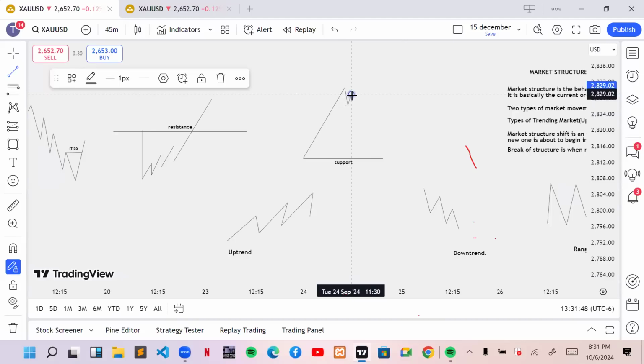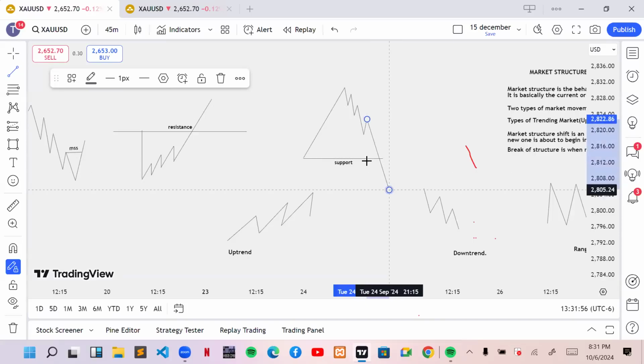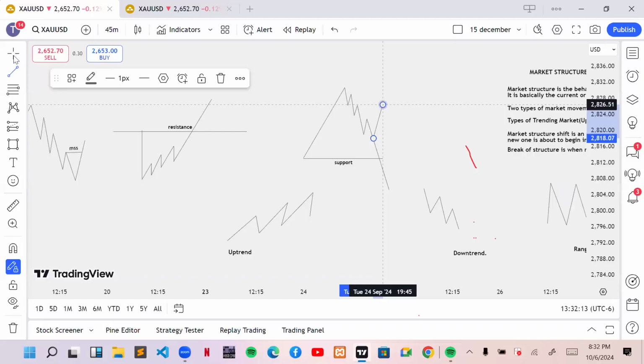And the market does something like this, breaking the support zone. The market was previously on a downtrend, and the zone that it broke was still on a downtrend, so it's still continuing the current trend it was on before. If this was a market structure shift, the market should actually break structure and then change direction to the upside. That is the difference between a break of structure and the market structure shift.